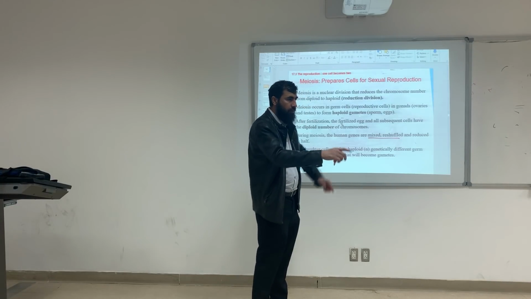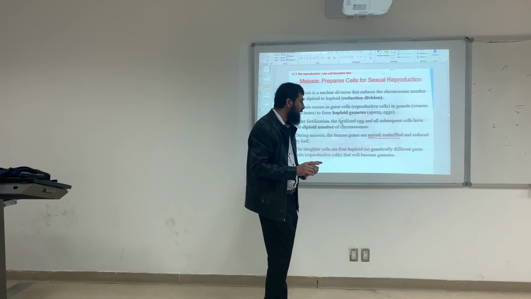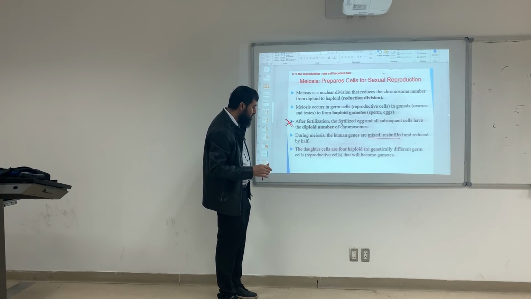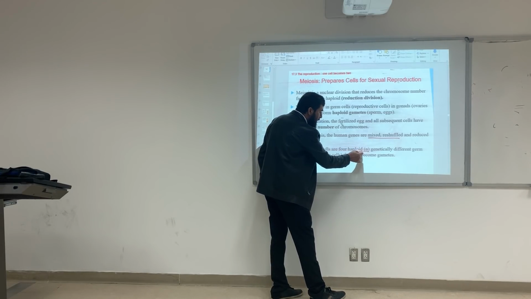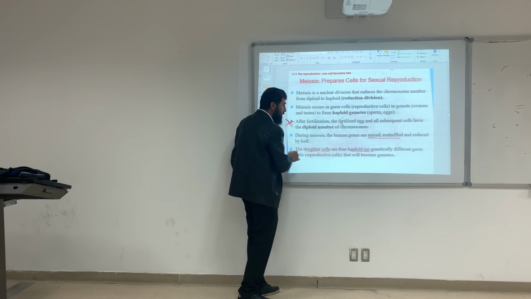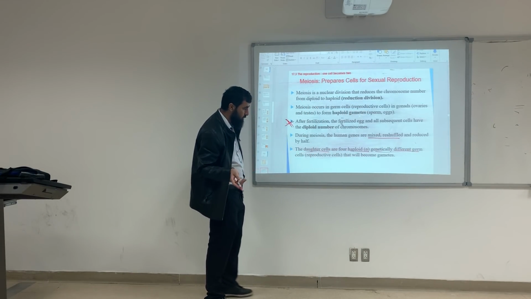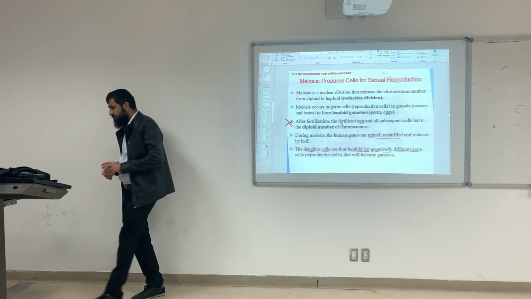This is reshuffling, and also mixing of the genes by crossing over, and we get half the number of chromosomes. So in the end, the daughter cells are haploid, and they're genetically different from the original cell. Haploid and non-identical.